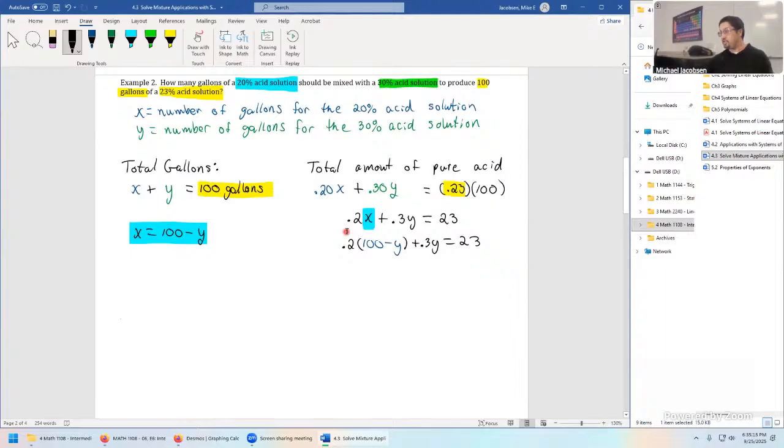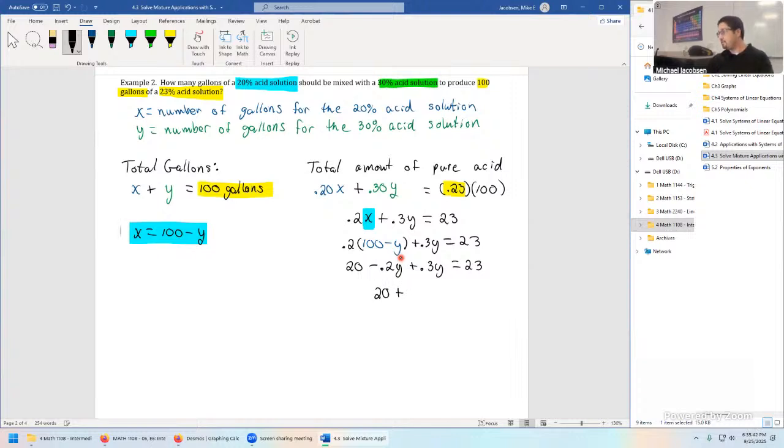Now, next thing is to distribute the decimal number 0.2 into the group. 0.2 times 100 is just moving the decimal point 2 spots to the right. So this turns into 20. Then it also multiplies the y, giving us a negative 0.2y plus 0.3y equals 23. Combine like terms, again, it's pretty much the same process as before.